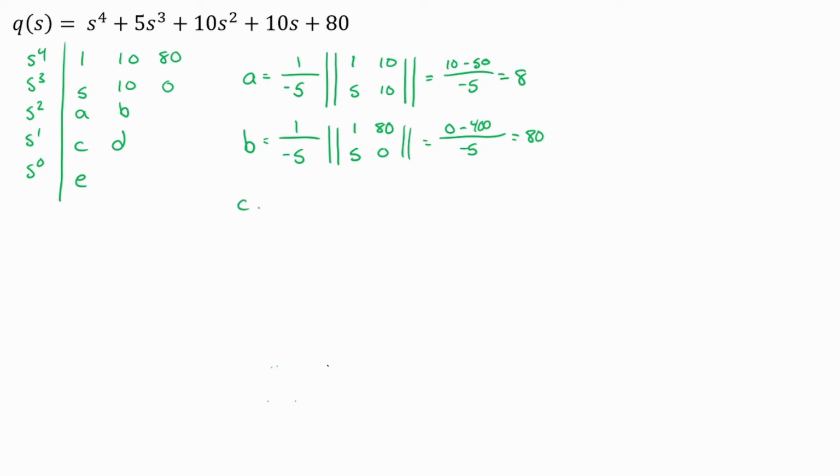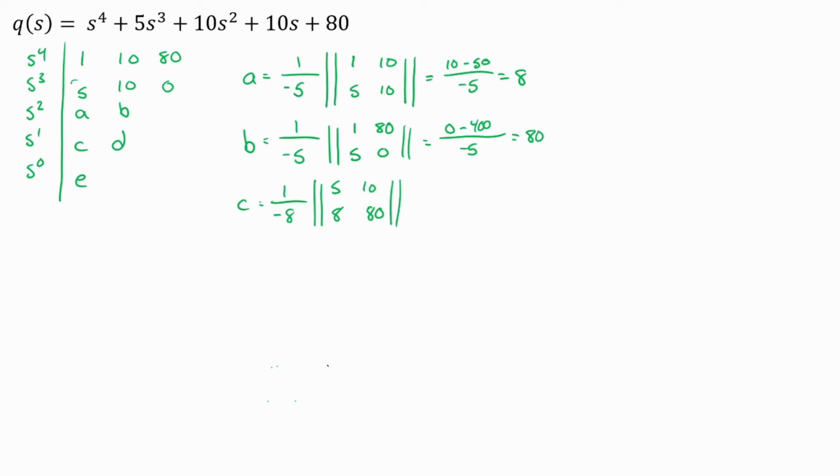Next we'll go to C, which will be 1 over negative A, and we found out that A is 8, so 1 over negative 8. Then we're going to do 5B. We figured out B was 80, and A was 8, and this is 10.